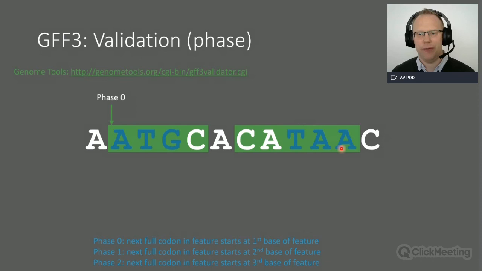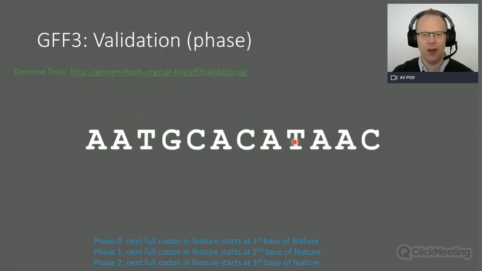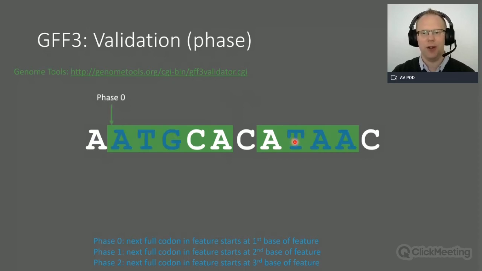And so the first full codon within this CDS feature starts at this third base. And so this coding sequence feature gets a phase of 2. And for completeness, we have another situation whereby the first full codon in the second coding sequence feature starts at the second base of the coding sequence, and this gets a phase of 1.